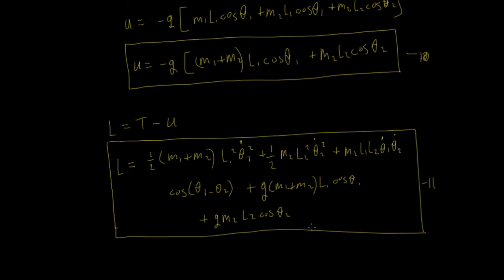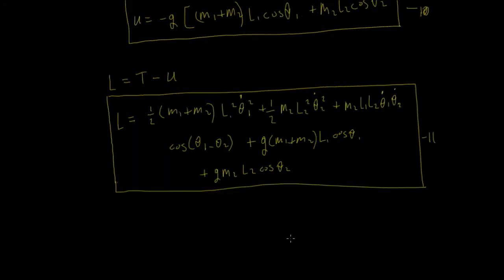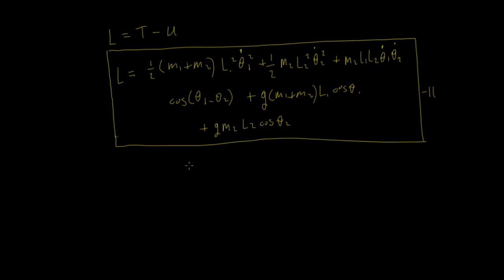Okay, and now we've worked out the Lagrangian, we can use the calculus of variations. So we know that the Euler-Lagrange equation can be written in general as d by dt of partial L by partial q i dot, minus partial L by partial q i equals 0.